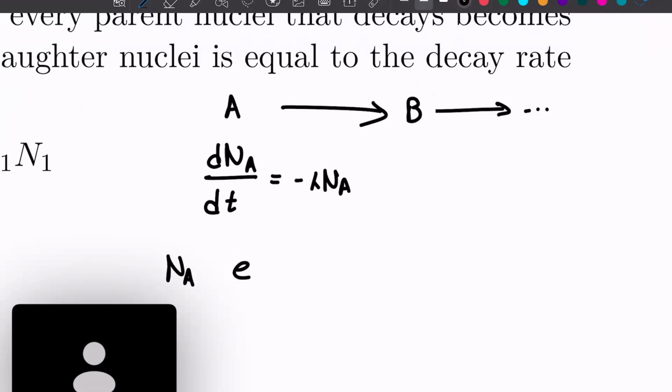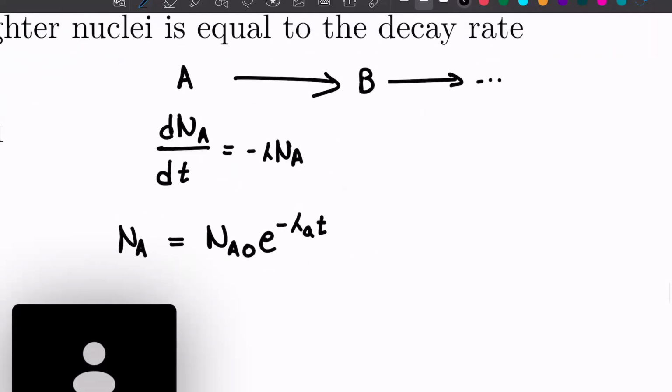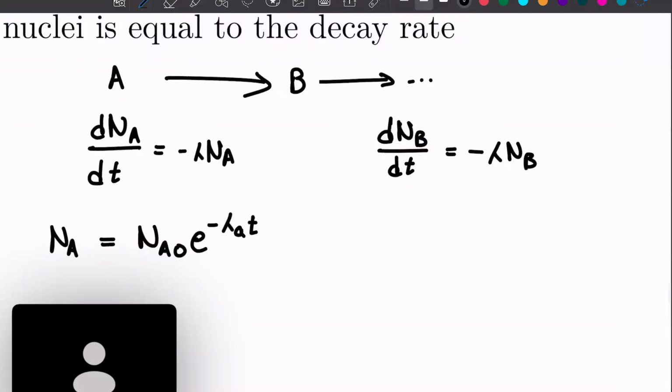So we know N_A is equal to, let's say, N_A0 e^(-lambda_A t). Okay, so this is your N_A. And now dN_B/dt is equal to the decay of itself, right? There's a decay term.